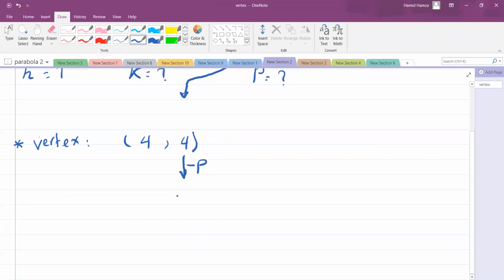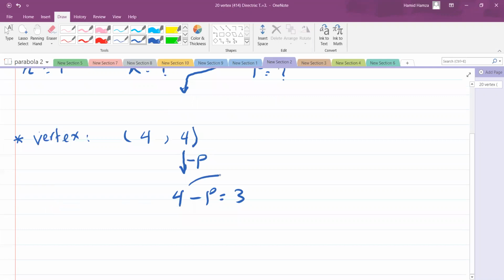So 4 minus b equals 3. Let's solve this equation. Take 4 to the other side. So negative b equals 3 minus 4. Negative b equals negative 1. Cancel the negatives. So b equals 1.